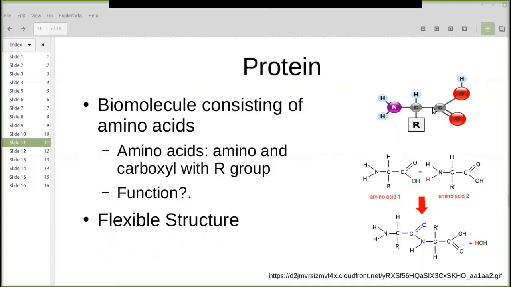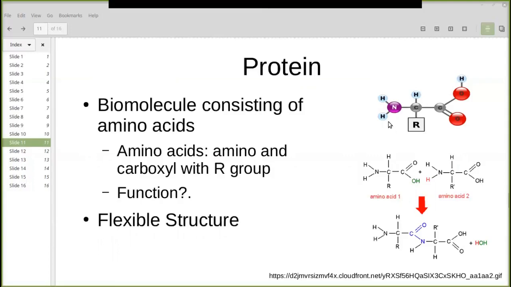The carboxyl group, right? And then it has a carbon at the middle, and the carbon is attached to an R group. Okay, so you have your amino group, your carboxyl group, and your R group. Correct? These together form up the amino acid.